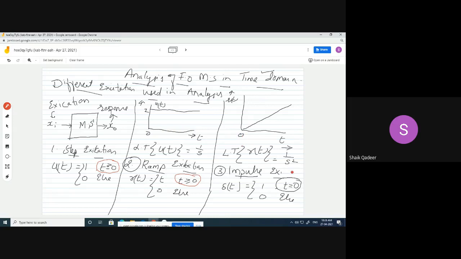How about this? At t equals 0, only one instant of time. It is how much? One, at only t equals 0. This is very necessary and important information to keep in our mind, right?